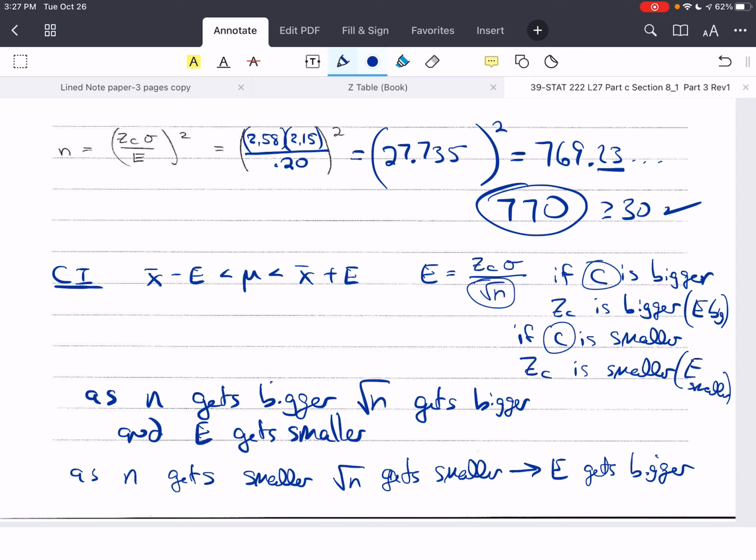It's better. So normally what we'll do is we will increase n, and that will give us a smaller value of E. Okay? So increasing the sample size reduces or decreases the size of our confidence interval. It's important to know that relationship.